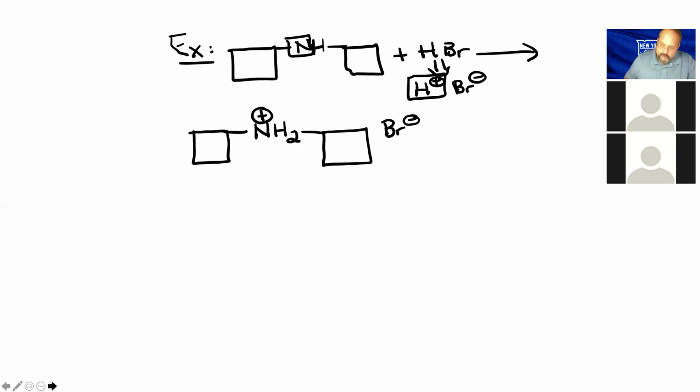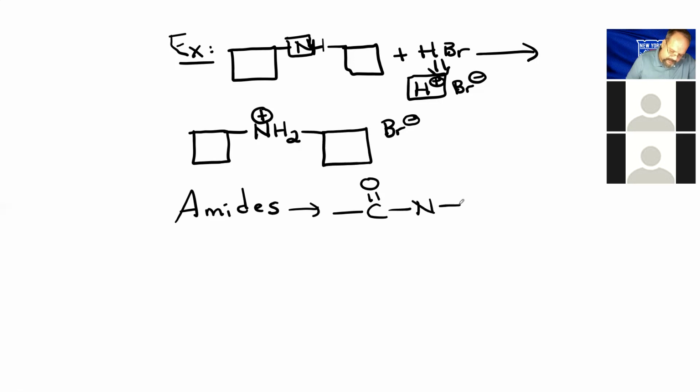Okay. So the last functional group that we come across in chapter 14 are your amides. So for an amide, we have a carbonyl group, a C double bond O group. But what defines an amide as an amide is that the C double bond O carbon is going to be connected to a nitrogen.